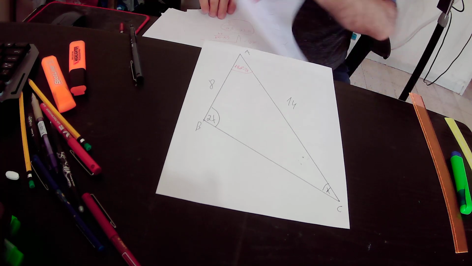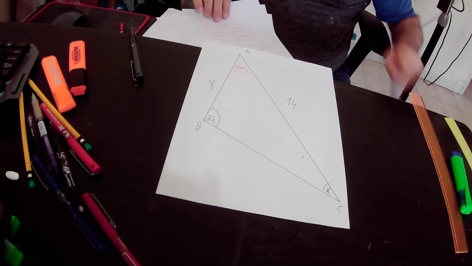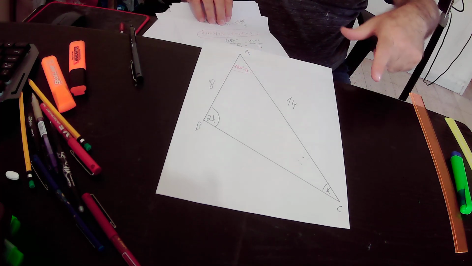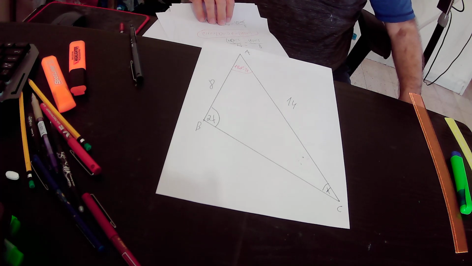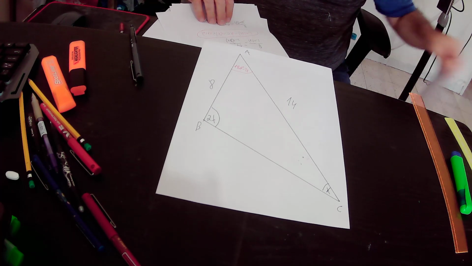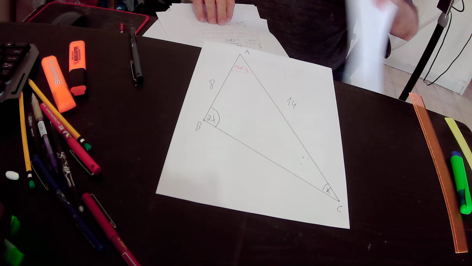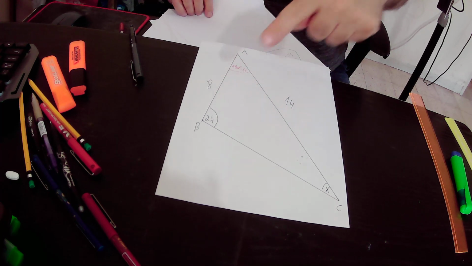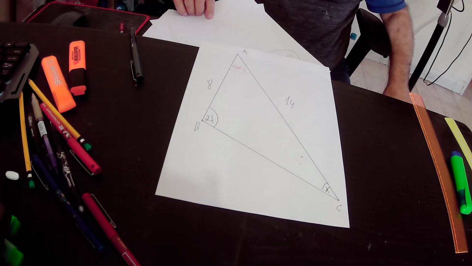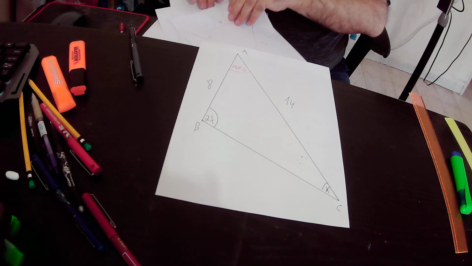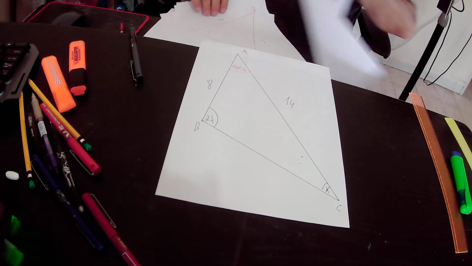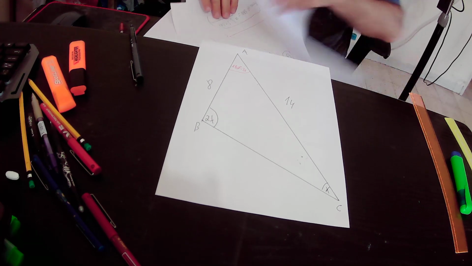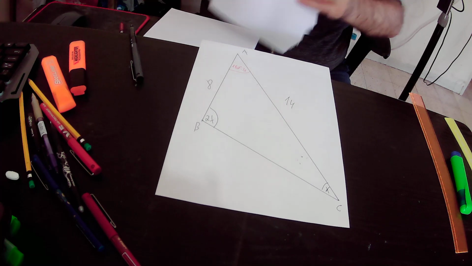In the first method, first of all, we know that AB equals 8 units, AC equals 14 units, and we also know that angle ACB equals x degrees in size, angle ABC equals 2x degrees in size, and we want to find the area of triangle ABC.